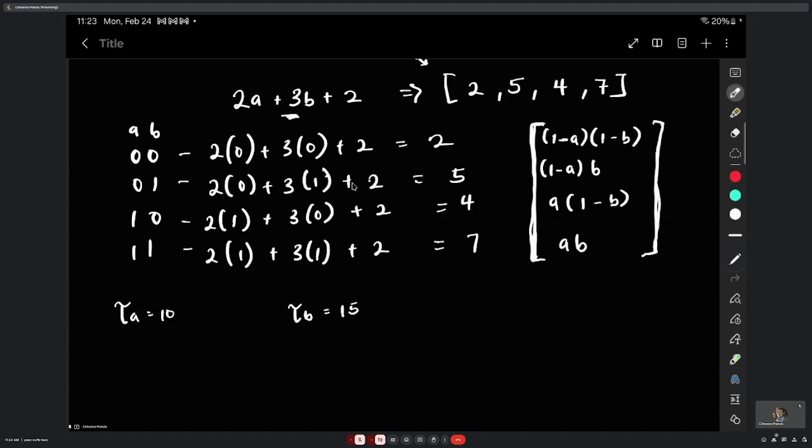What is the essence of us getting it? I want to multiply with the polynomial to get the evaluation of the polynomial at A. We want to do a dot product of it and the evaluations of the polynomial to get the evaluation of the polynomial at A and B.